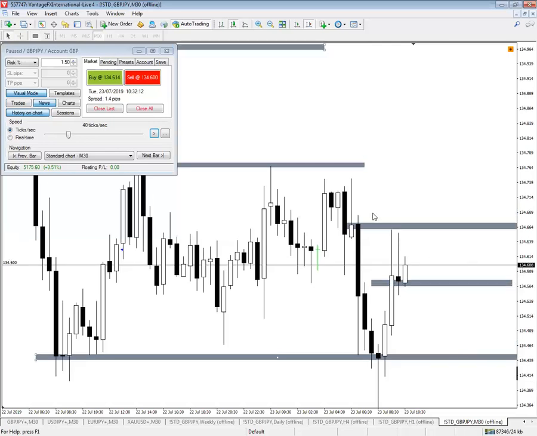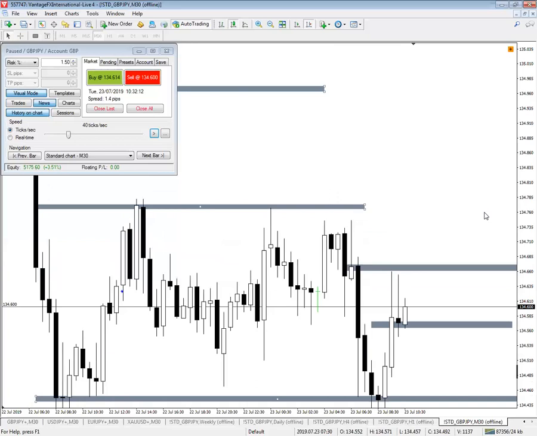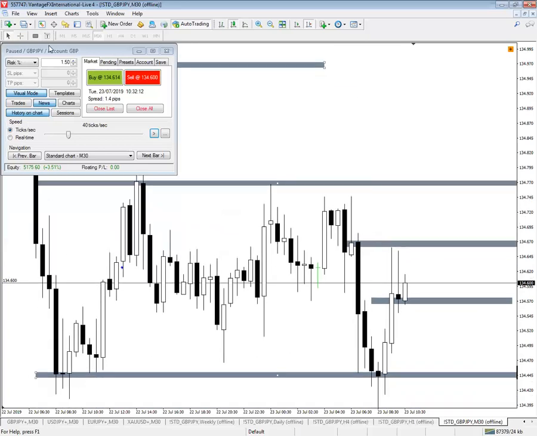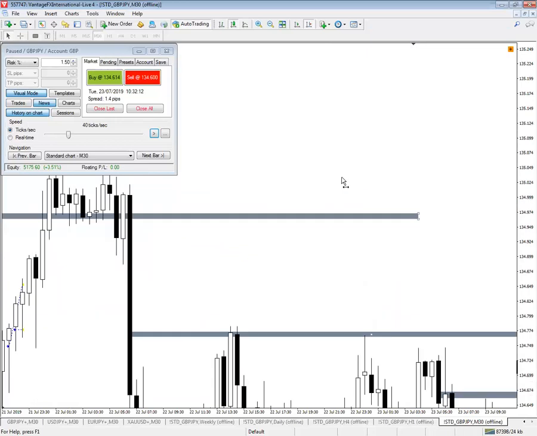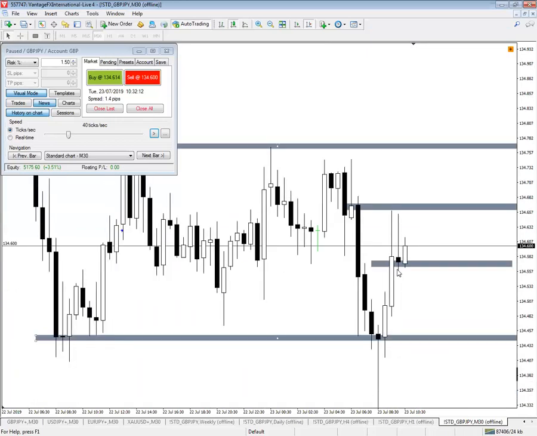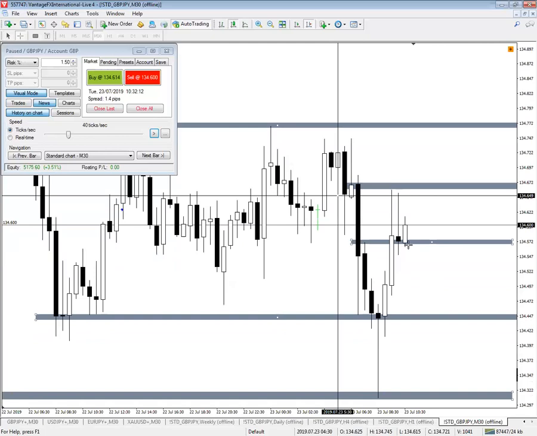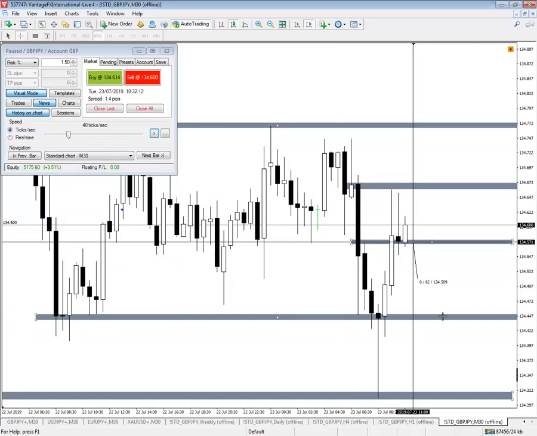So here's the thing. If we break above this resistance, then we are coming up to 134,770, right? We have that clean move coming up. But if we don't hold this support and we start breaking down, then this clean move should get corrected, and there should be a continuation to the downside.